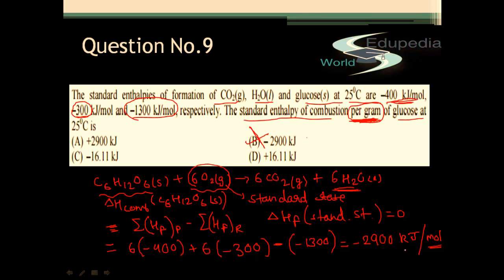What we simply need to do now is that we need to divide the delta H combustion which we have calculated just now, minus 2900 kilojoule per mole, and we have been asked to calculate per gram.